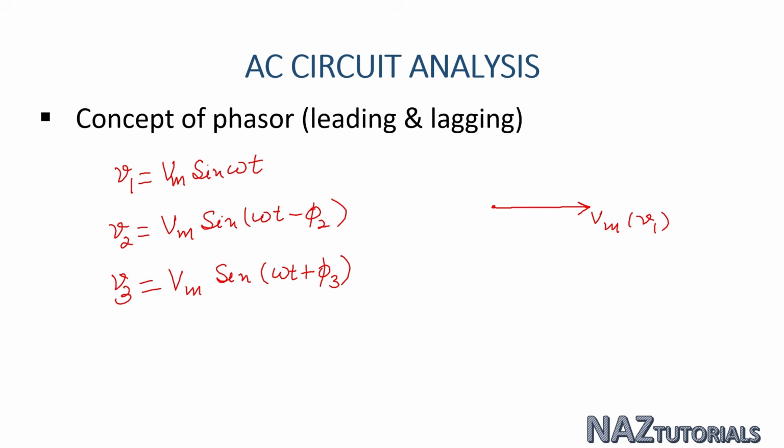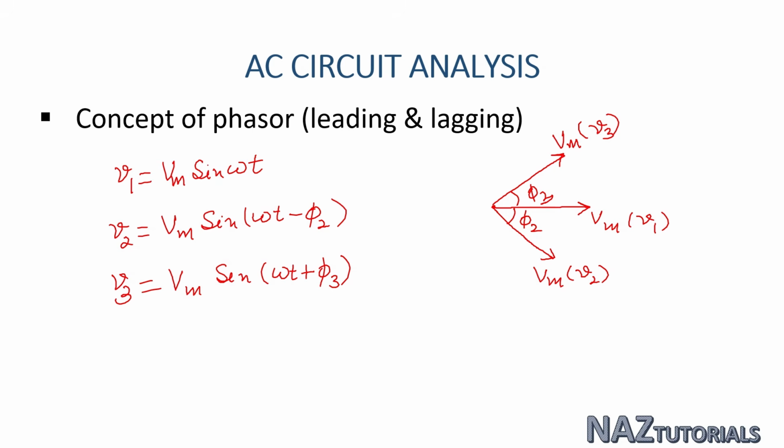V2 waveform has phase angle minus phi 2 in clockwise direction, having magnitude Vm. Now consider the V3 waveform having phase angle plus phi 3 in the counterclockwise direction, having magnitude Vm.